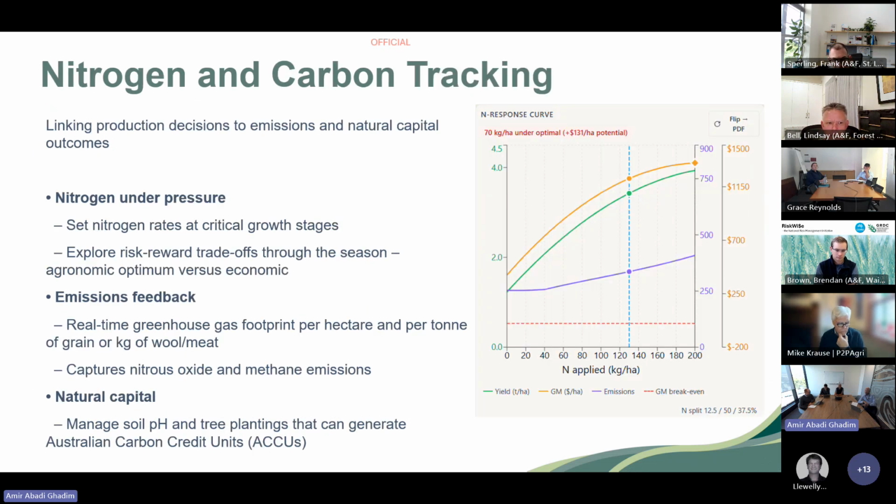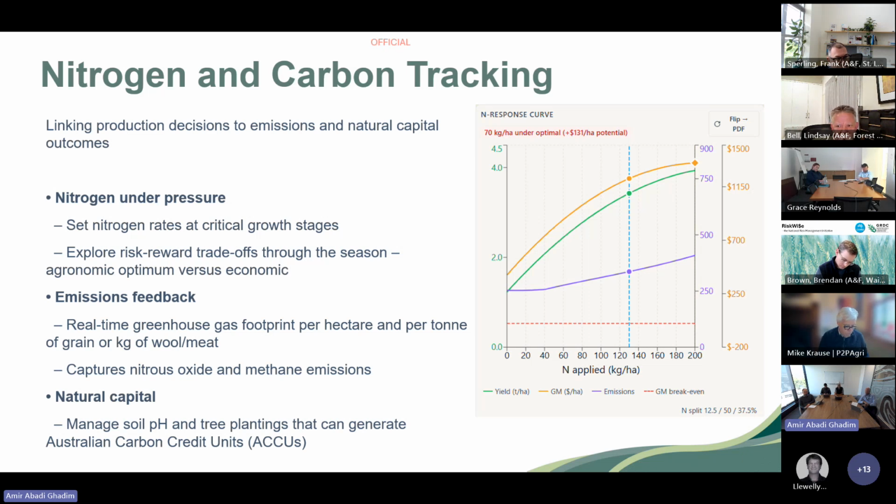And then it also shows you the consequences of how much nitrogen you could apply if you wanted to, and what will happen to the shape of the growth curve for you. On the left-hand axis, you see the yield of the crop according to the amount of nitrogen applied, and then you see the gross margins, and then you also see the emissions.